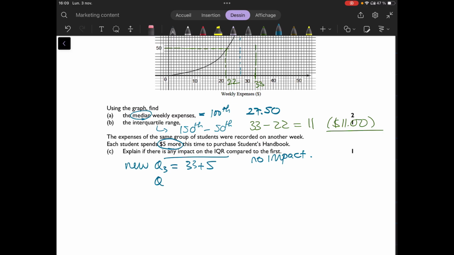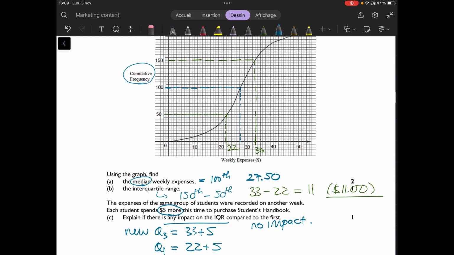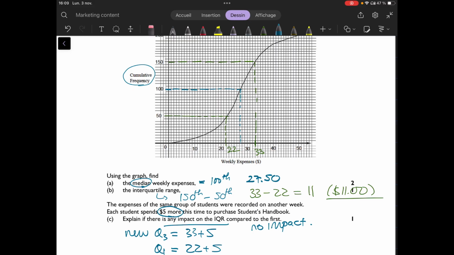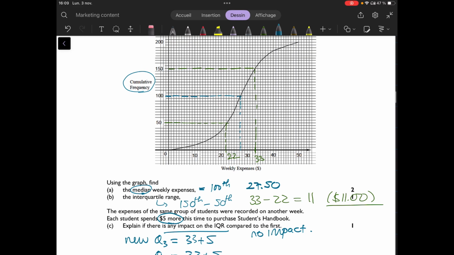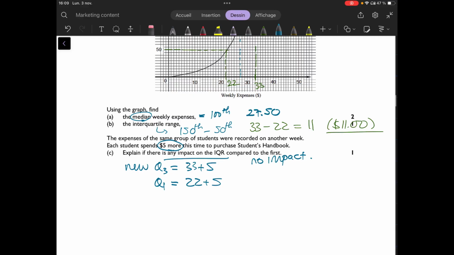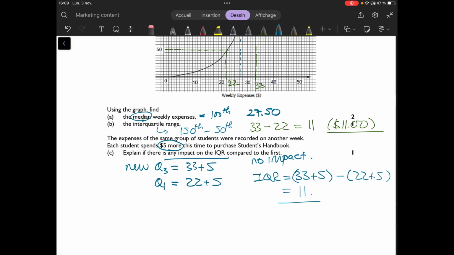The new lower quartile is going to be 22 plus 5, because we're just shifting the entire curve by $5. Therefore, the interquartile range is going to be 33 plus 5 minus 22 plus 5, or 11. Same as before.